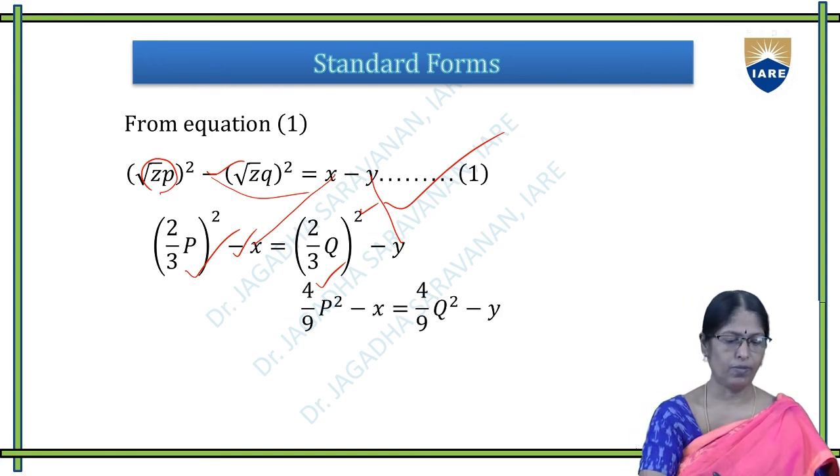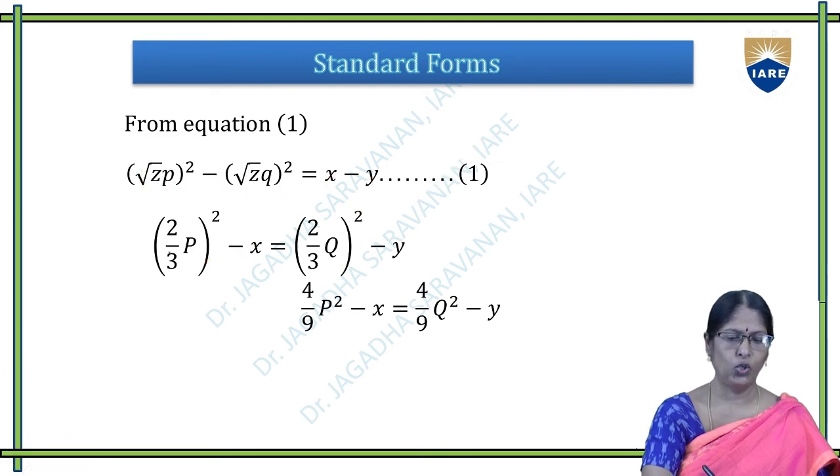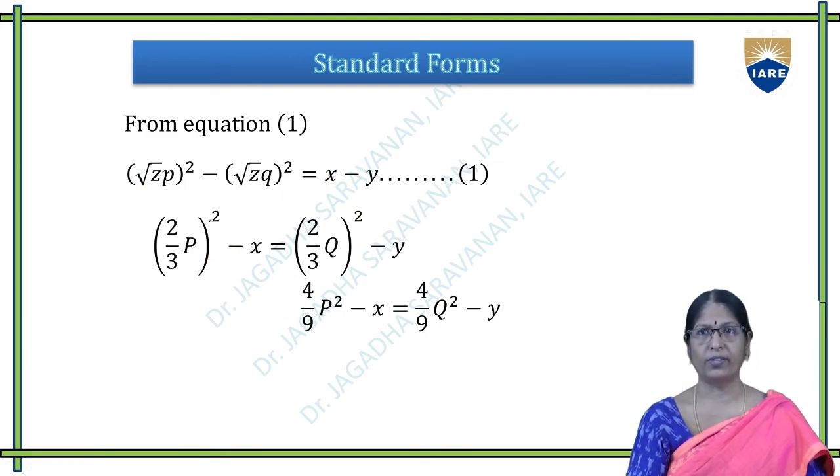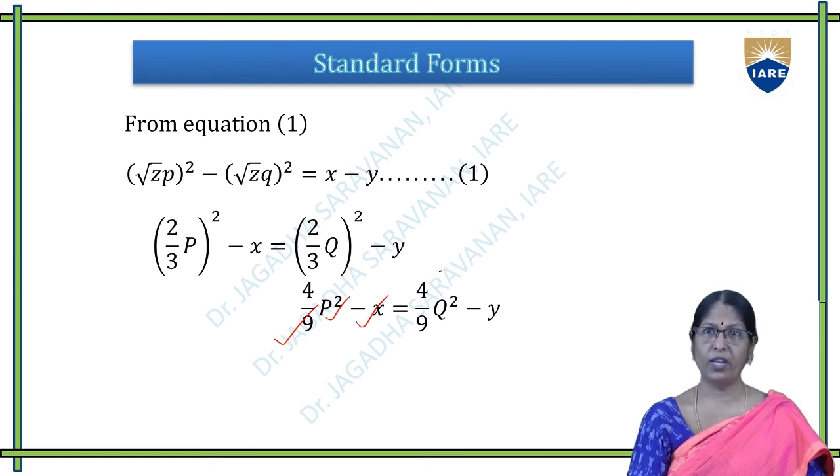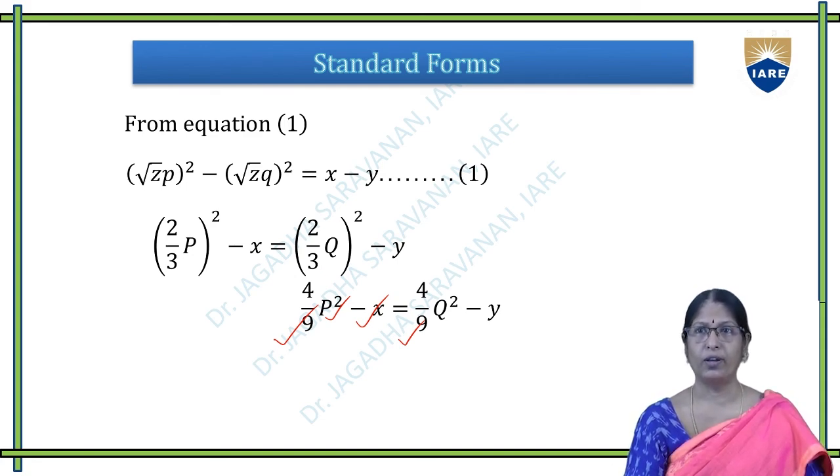Now, 2 by 3 the whole square is nothing but 4 by 9. Capital P square minus x equals 2 by 3 the whole square, that is 4 by 9, capital Q the whole square minus y.